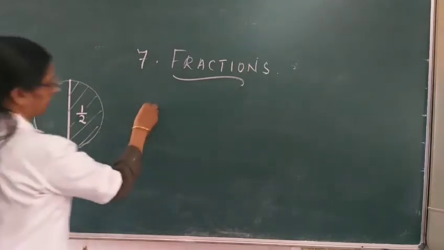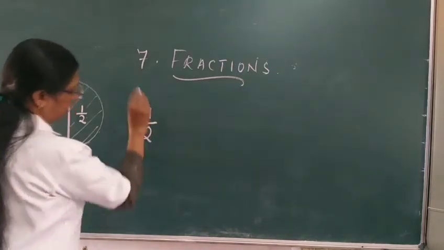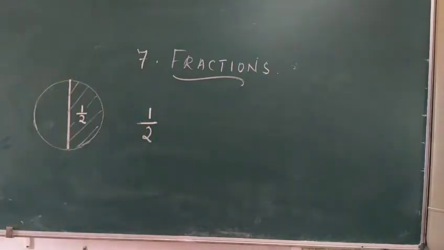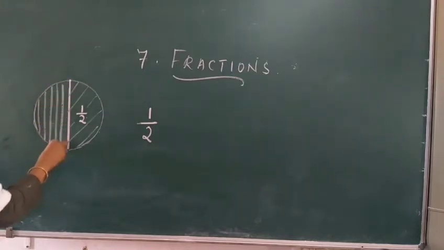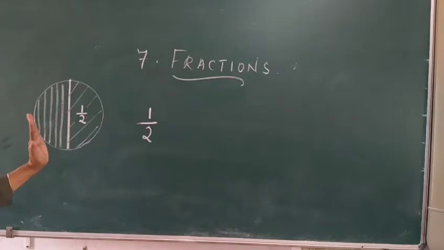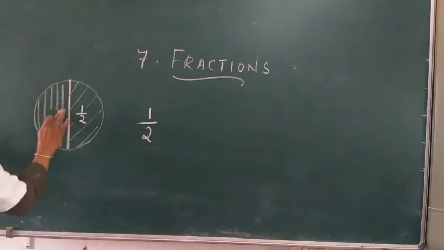Okay, this is 1/2. It represents 1/2. See, this is the fraction. This area represents this fraction. Here another half is also here, isn't it? This is also half of this whole. This area is also another half of the same whole.